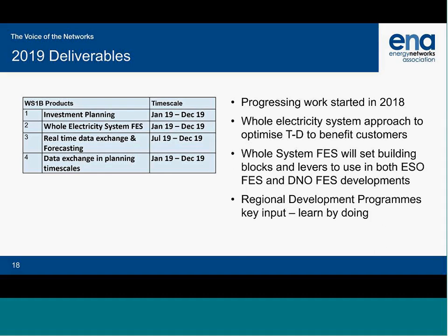Investment planning. This is really building on the work that we did last year. A lot of the work last year was looking at picking up learning from the RDP work that's going on in UKPN and WPD, but also we did a voltage methodology case study where National Grid, who had issues with high volts on the network at periods of low demand, were looking for support for a solution from perhaps the DNOs in the area, which was Northern Power Grid and Electricity North West.